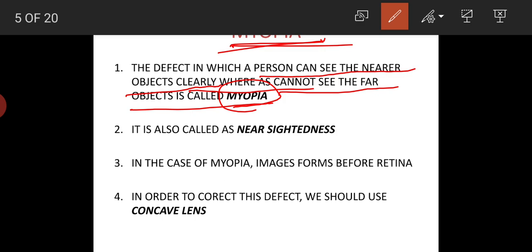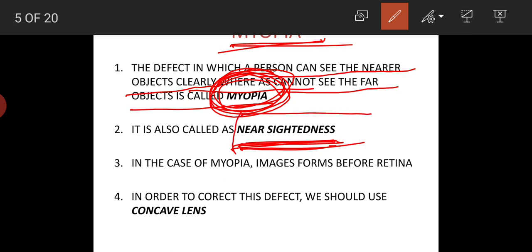As the name indicates, it is near sightedness. The name myopia itself is very short, that is why it is also called short sightedness or near sightedness.